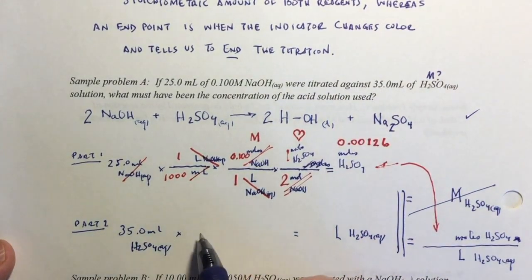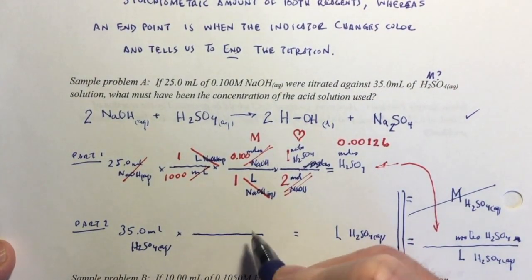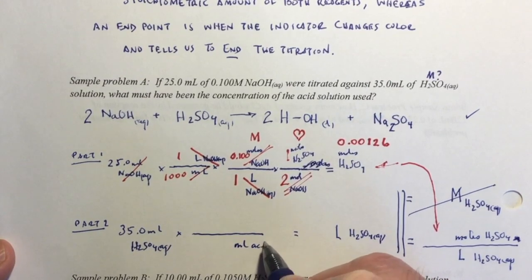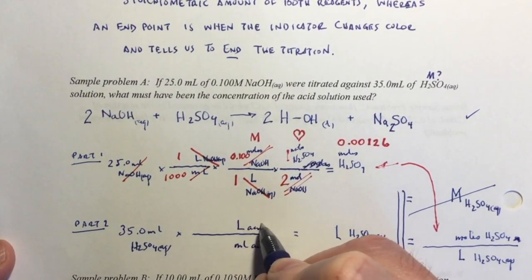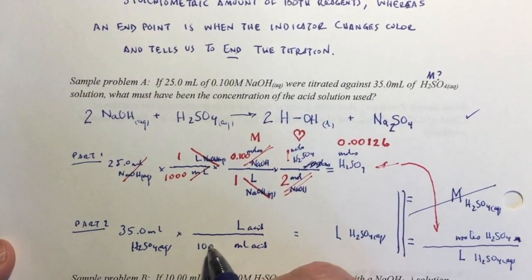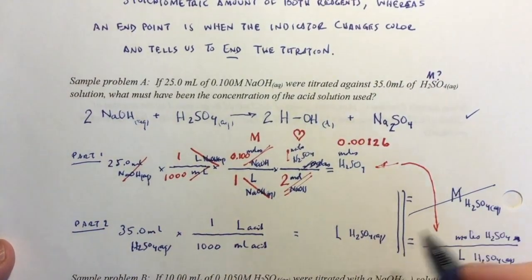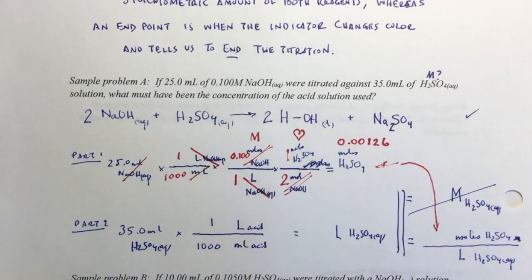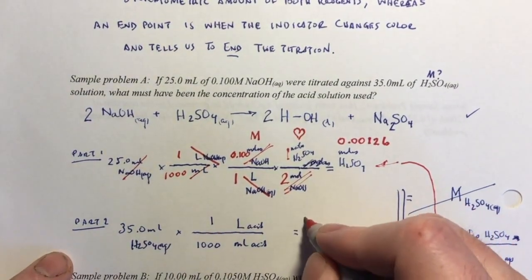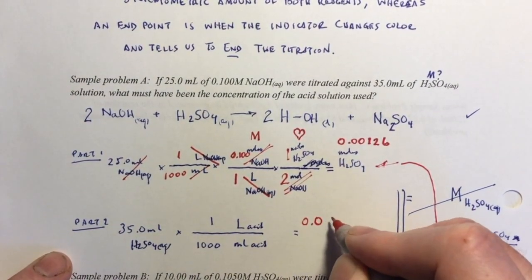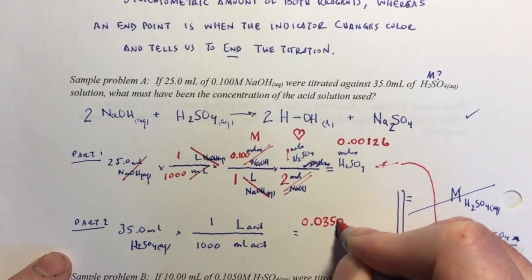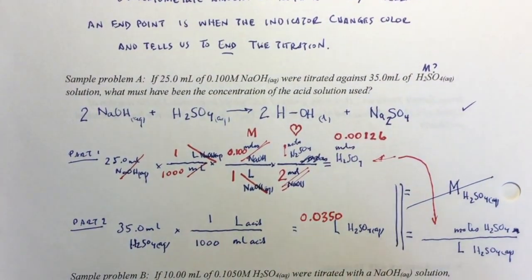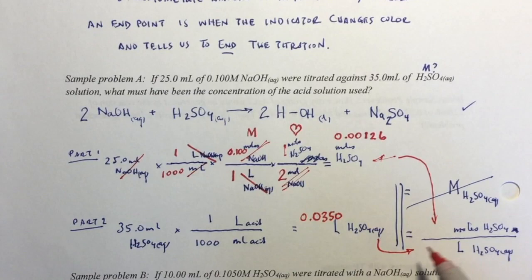And let's see, the only conversion step I need here is milliliters of the acid to liters of the acid. 1,000 milliliters to 1 liter. And so my answer here is 0.0350 liters. And that number is going to go right there.